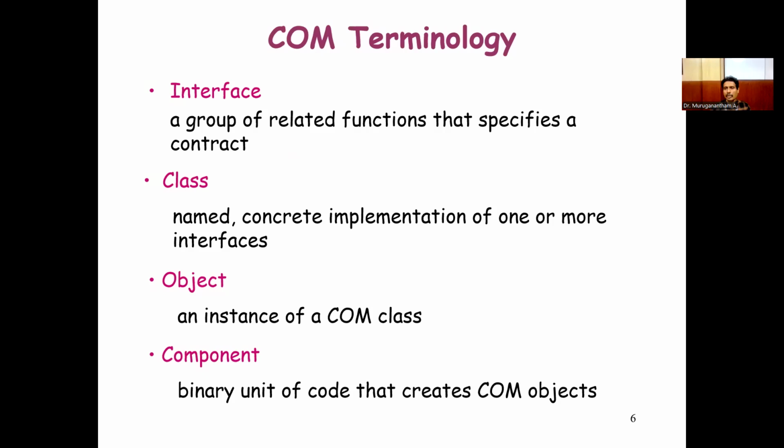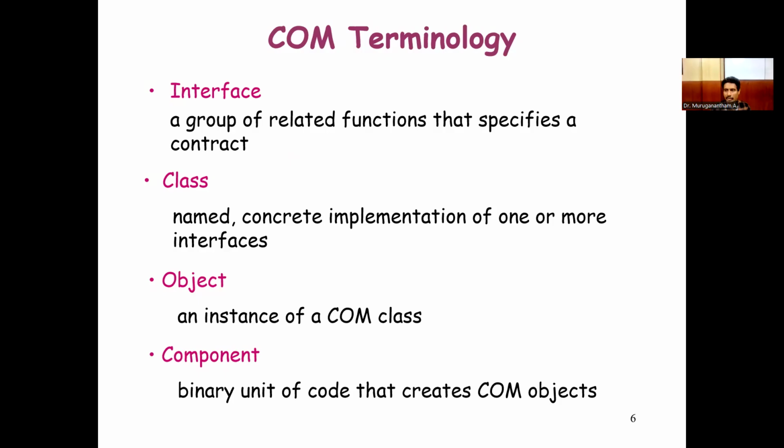These are a few terminologies used in COM: interface, class, object, and component. An interface is a group of functions used for a specific purpose. A class is a concrete implementation of one or more interfaces.